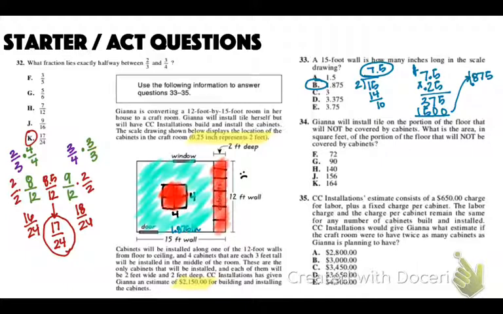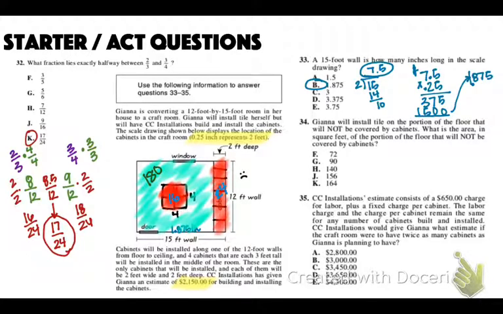So first, 2 times 12, this area right here, is going to be 24. Okay, 4 times 4 is 16. But then this entire area is going to be 15 times 12, which is, I have to use my calculator, 180. So this whole entire thing will be 180.